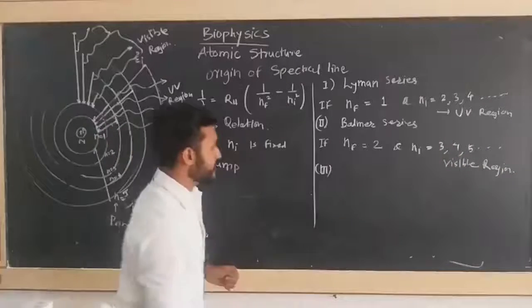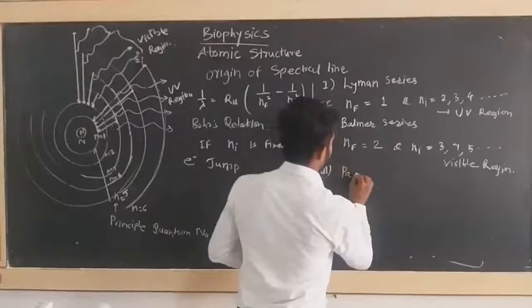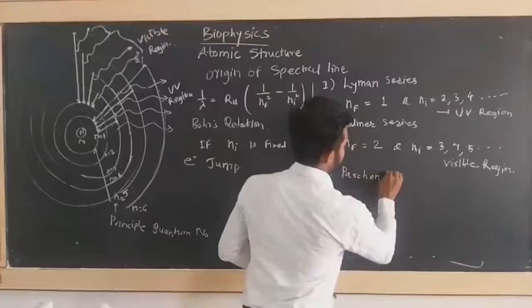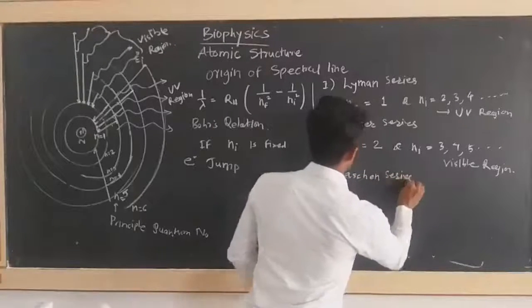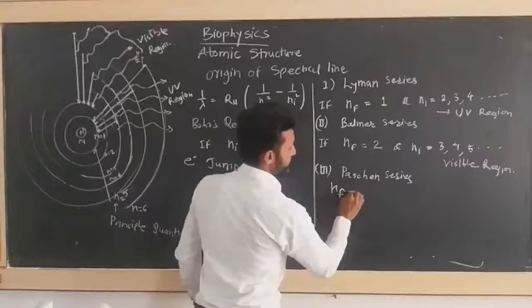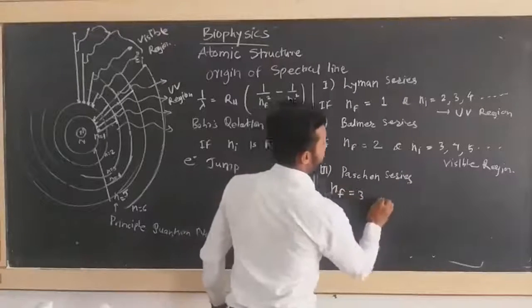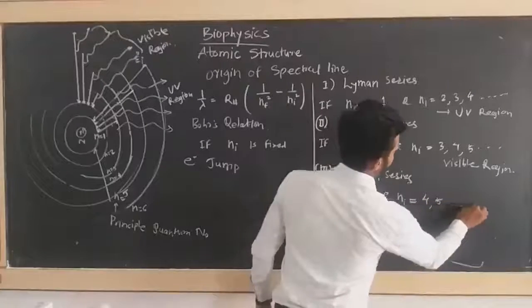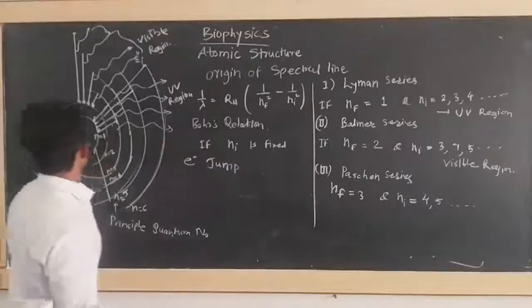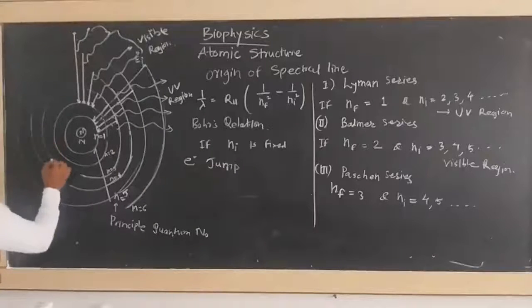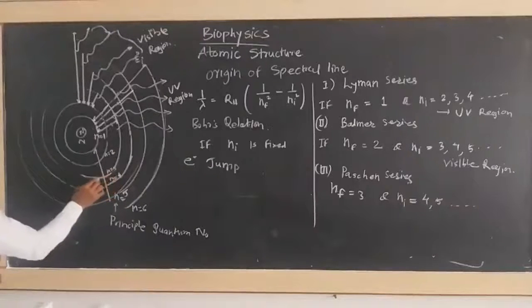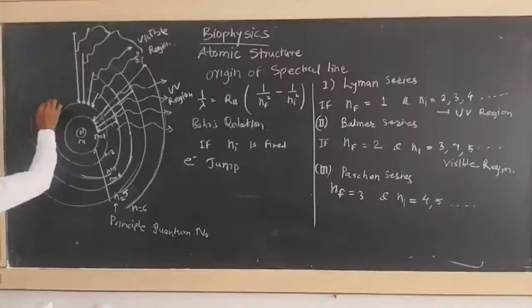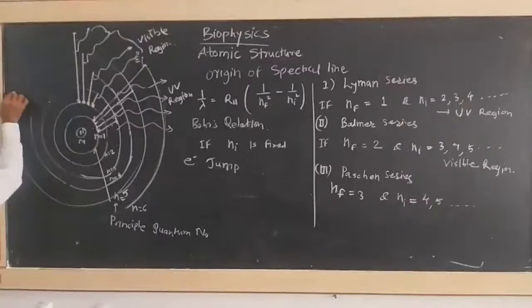Third series is Paschen series. N final is 3 and n initial is 4, 5 and so on. So in this process, n final is the third state. The electron jumps from the highest orbit to the third state.